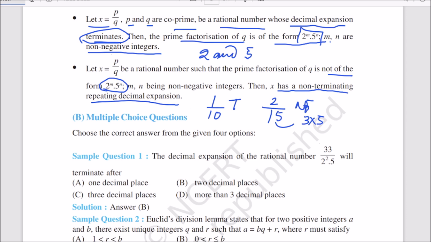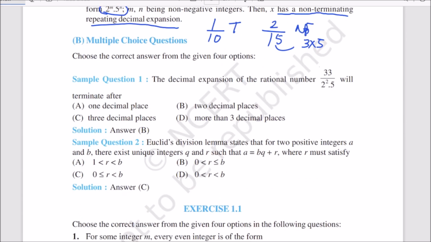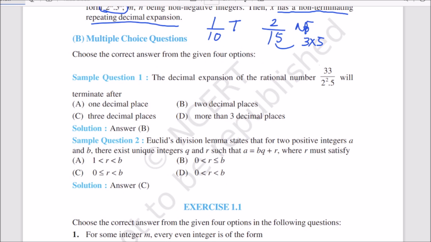So let us come to an example. MCQ question: the decimal expansion of the rational number 33 by 2 raised to the power 2 into 5 will terminate after 1 decimal place, 2 decimal places, 3 decimal places, or 4 decimal places. So let us see the denominator.